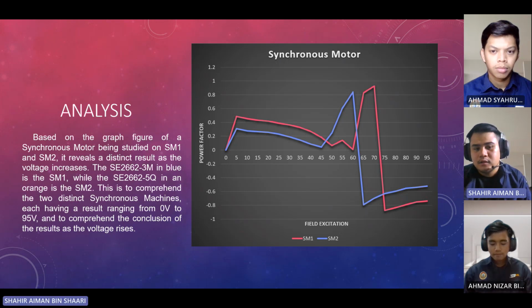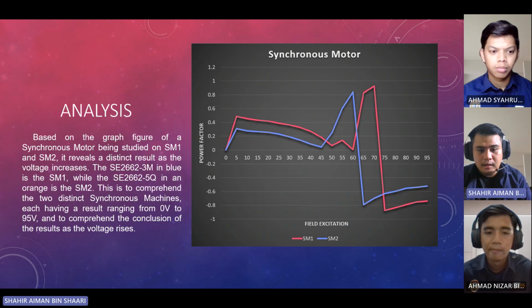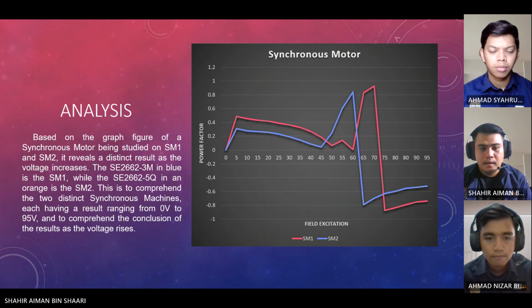The SE2662 3M in blue is the SM1, while the SE2662 5Q in orange is the SM2. These are two distinct synchronous machines, each having results ranging from 0 volt to 95 volt, and they show the conclusion of the result as the voltage rises.